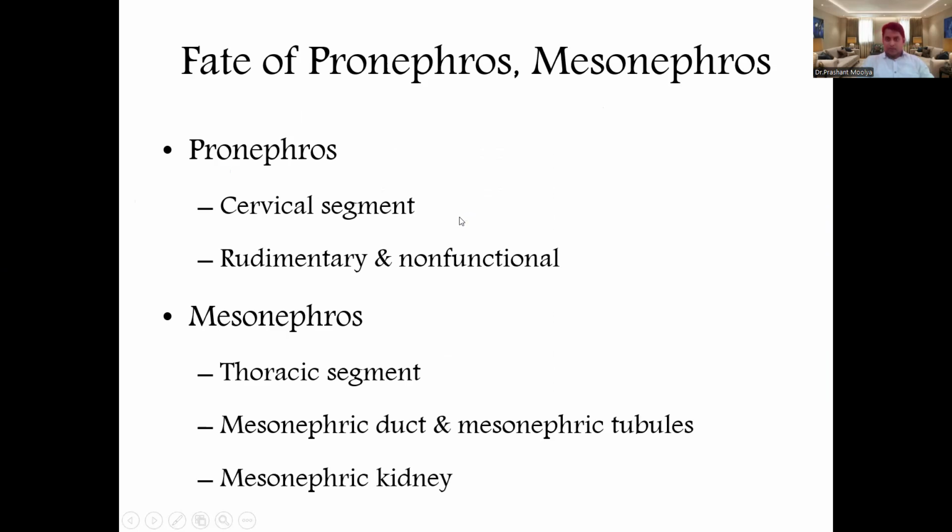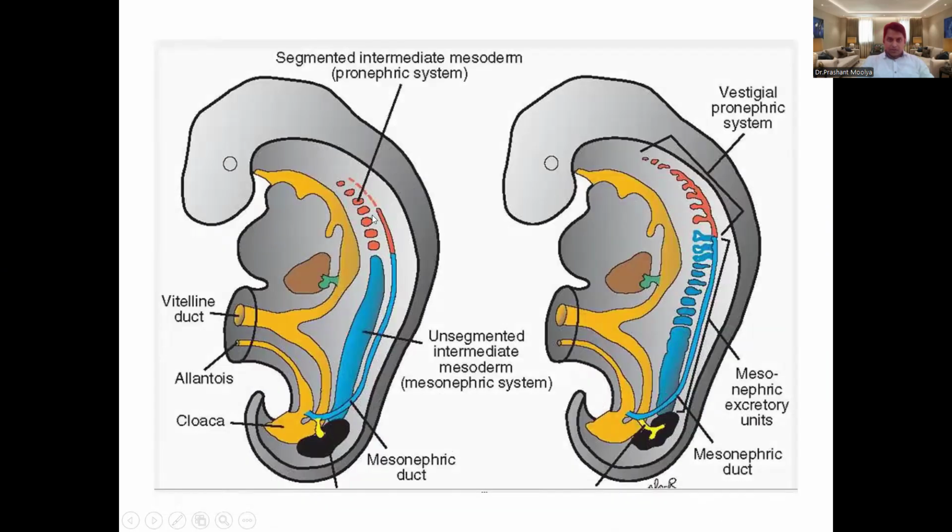If you see in this photograph, this is the urogenital ridge, which has been segmented in the cranial or cervical region. It has developed into the pronephric ridge, and this is divided further into the duct system and the tubules. But this duct system is not adequate to open into the cloaca, as the urinary system has to excrete further.